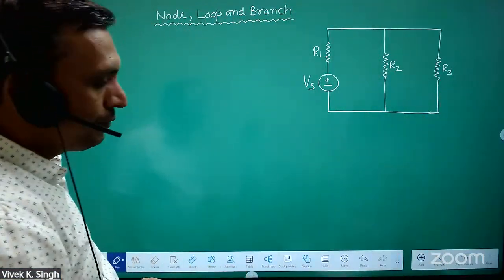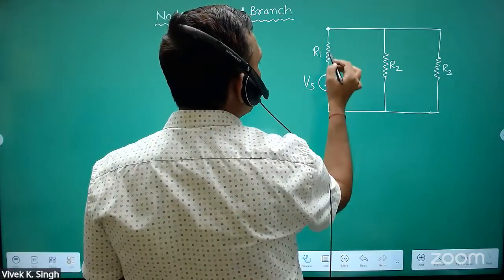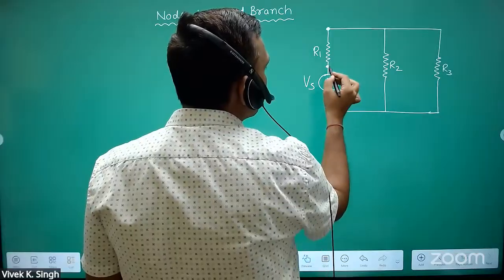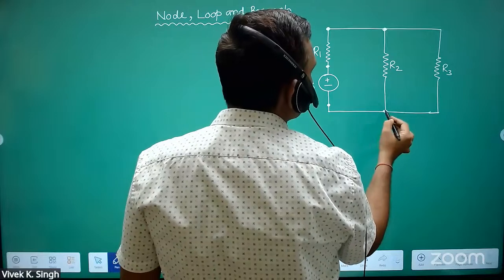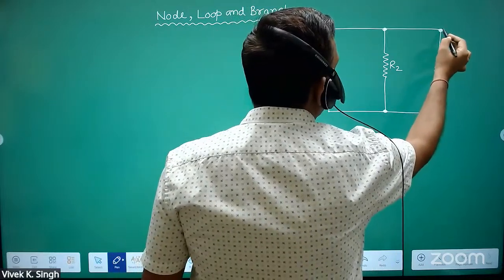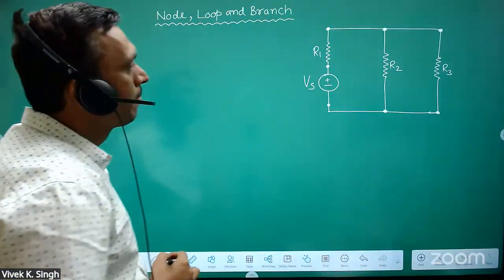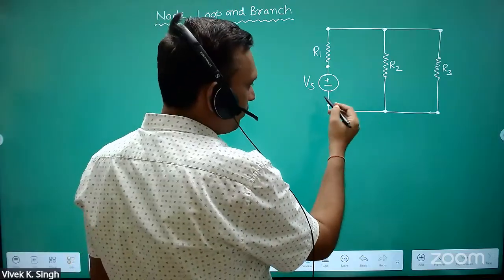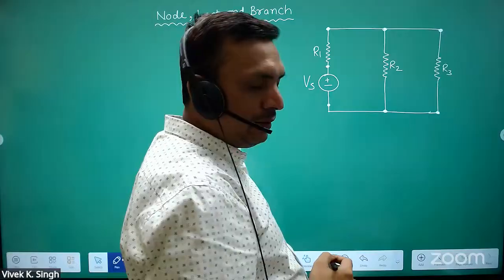So these are the different elements. So let's say one element is this, another element is this, this is another element, this is another element. So there are different elements in this circuit. Vs, R1, R2, R3, they are elements.